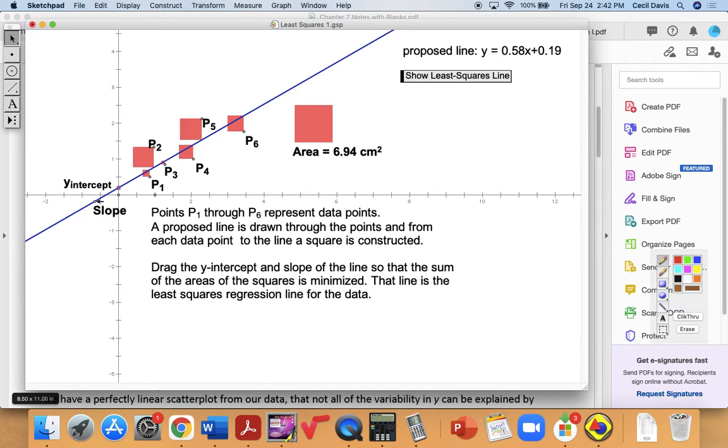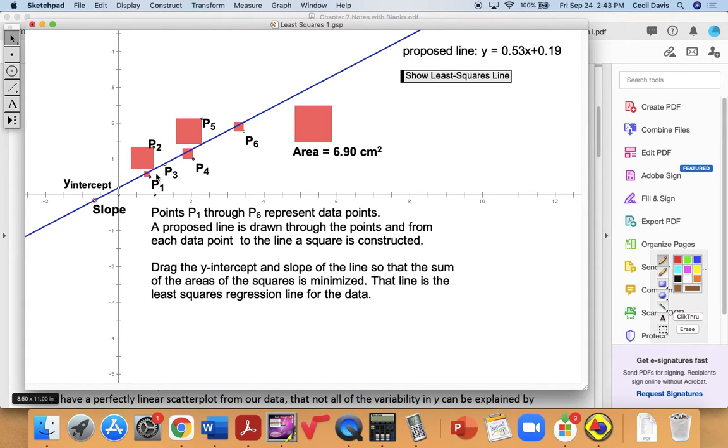I can also adjust the slope. Maybe a slightly bigger slope would be better. Or maybe I should have a smaller slope. You can do all kinds of things to try and get the line of best fit.